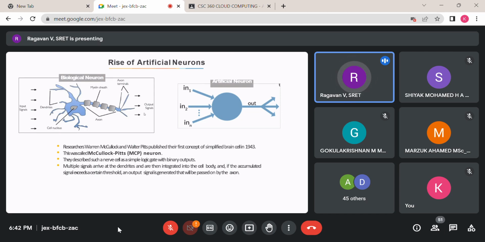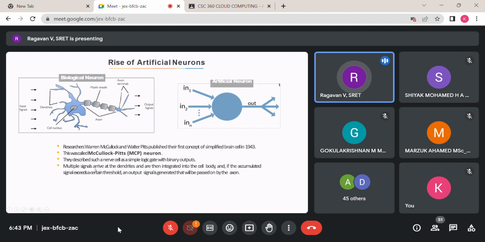Take the hand or hold the hand, right? So that is the logic gate, a simple logic gate, input and output gates. Just understand binary outputs only. But we can use an artificial neuron for multi-class classification as well as regression also. But initially in 1943, this was used only for binary problems.